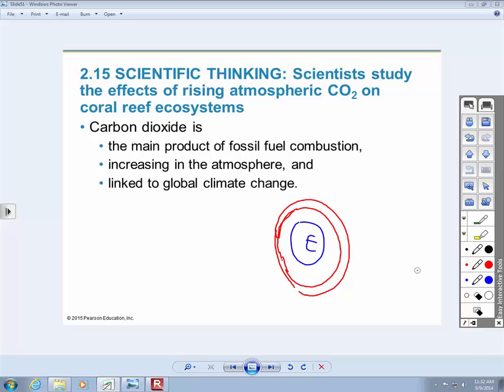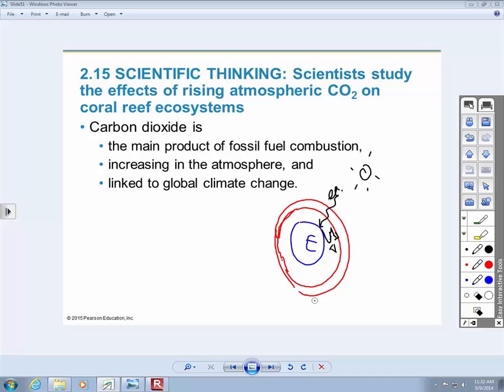So sunlight can get in. Here's Mr. Sun up here. Sunlight can get in. That's a very short wavelength. But heat is a very long wavelength, and the heat cannot get out. This is heat. This is light. Light can get in, but the heat cannot get out.